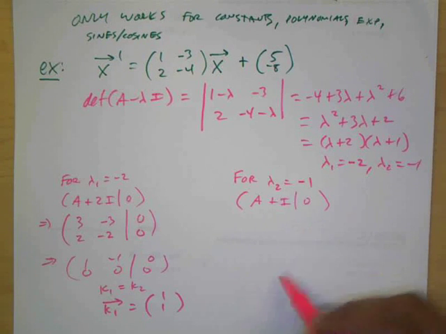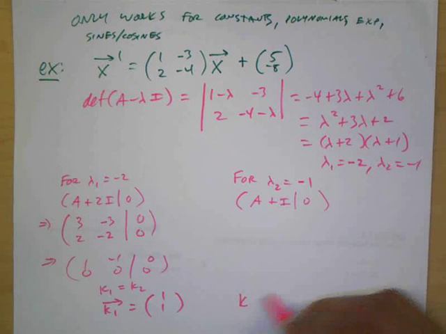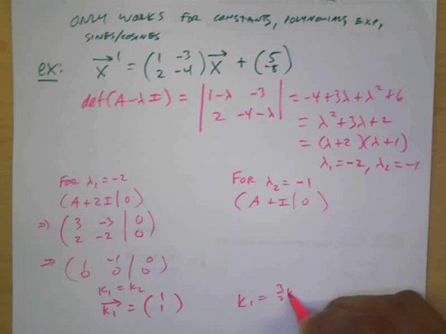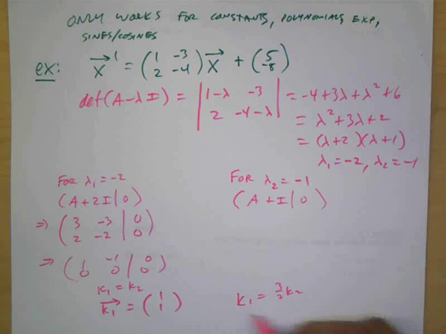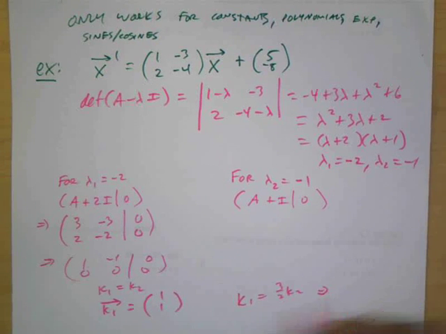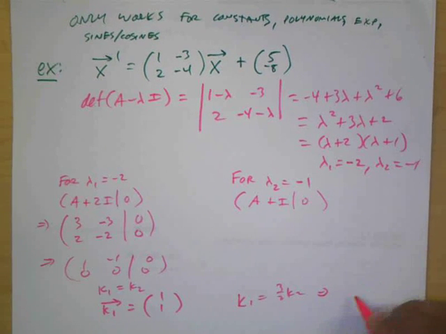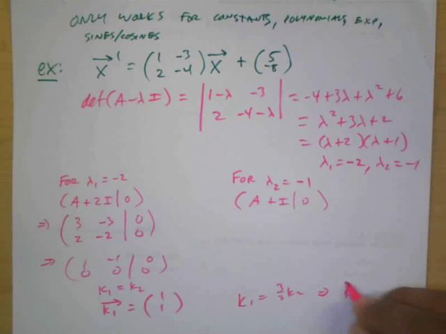What did you guys get? K1 equals 3/2 K2 is a good relationship. So K2 is 2. Sure, that works.